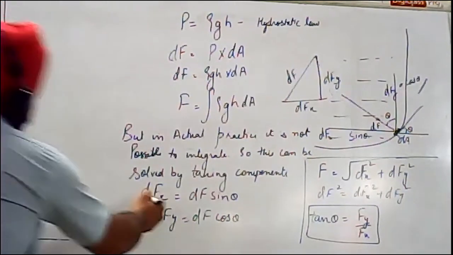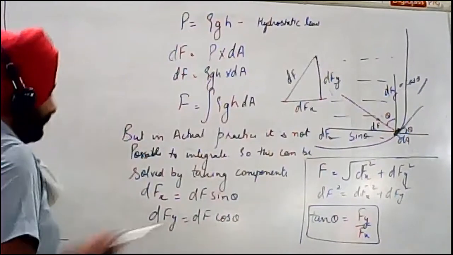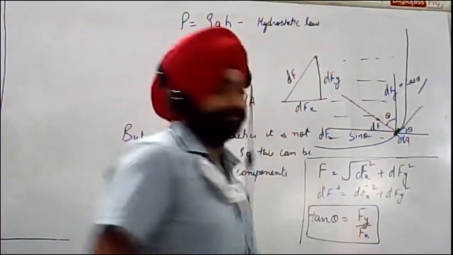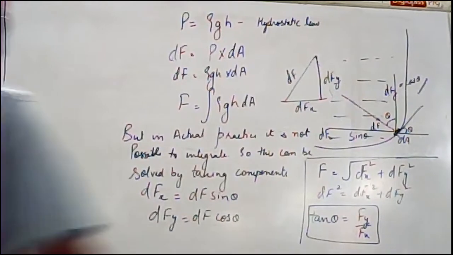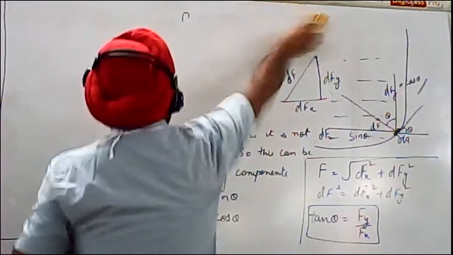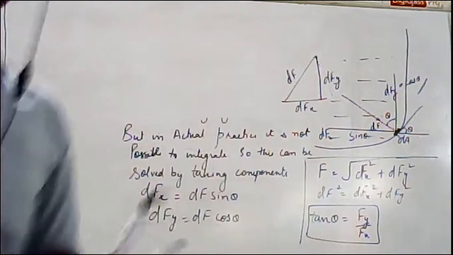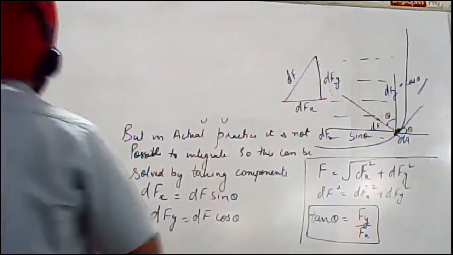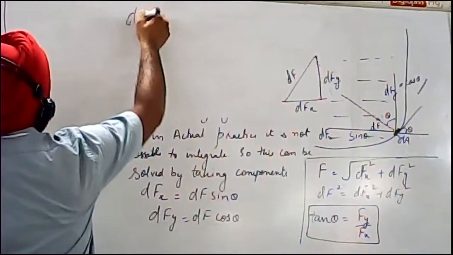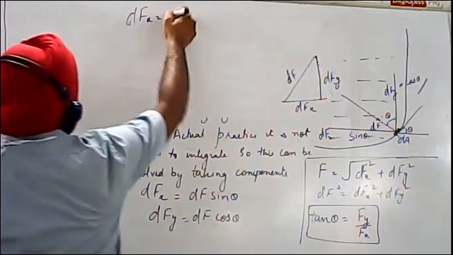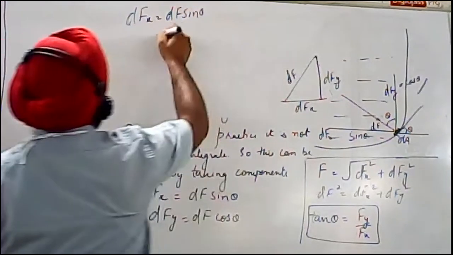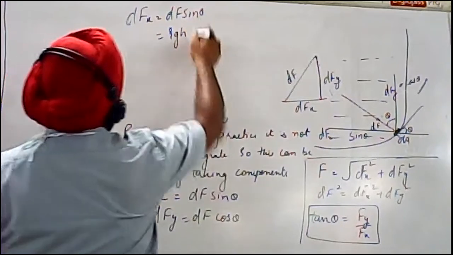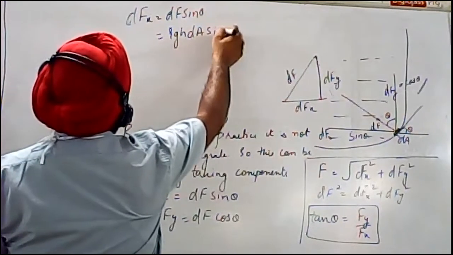Now this is your dFx and dFy. To calculate Fx and Fy, you can integrate dFx and dFy. Let me erase this portion. Convert into Fx and Fy. dFx is equal to dF sin theta, and dF is equal to rho gh into dA sin theta.